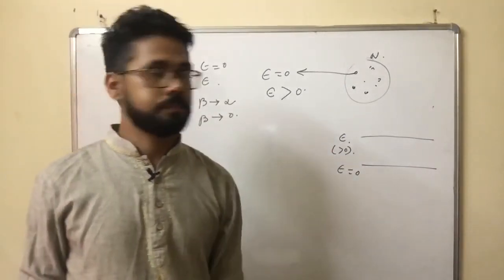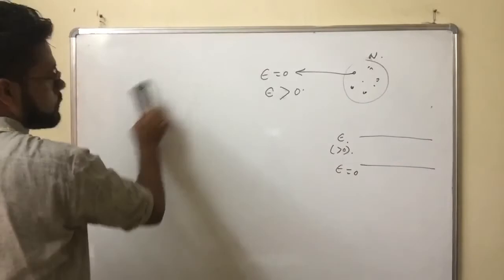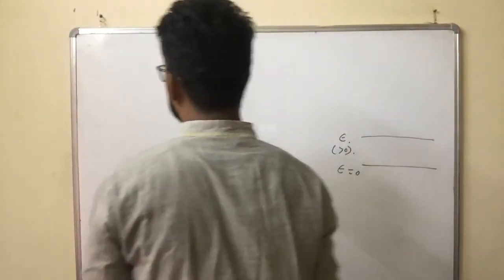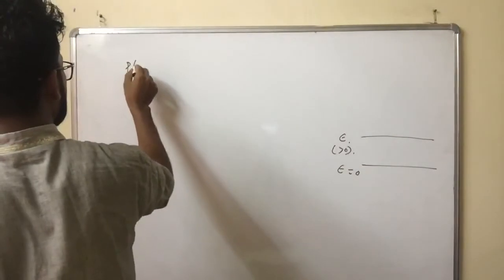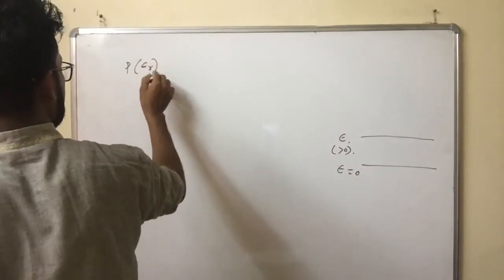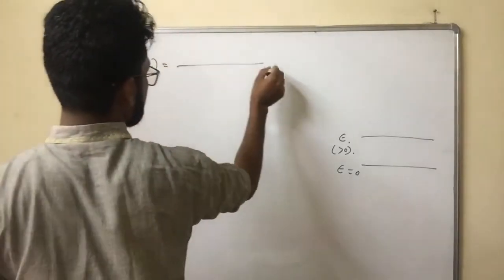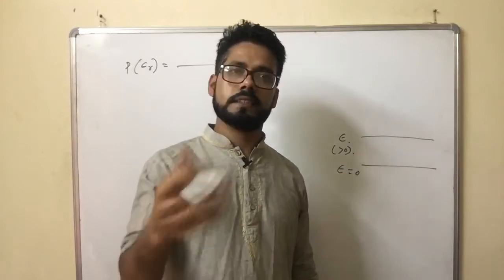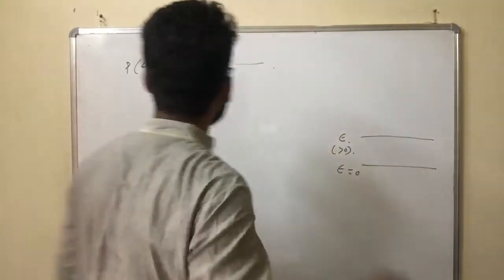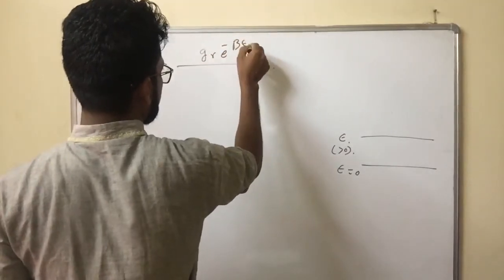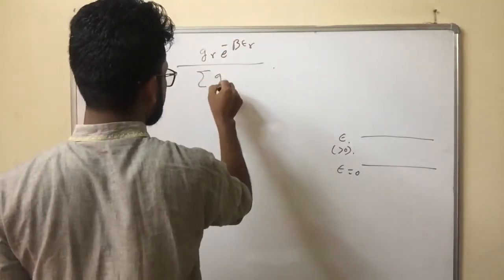How can you find it out? Very easy, no need to create confusion. Just remember the probability formula. The question does not mention degeneracy, so degeneracy is equal to 1. Better to write the general formula first, and after that you modify.